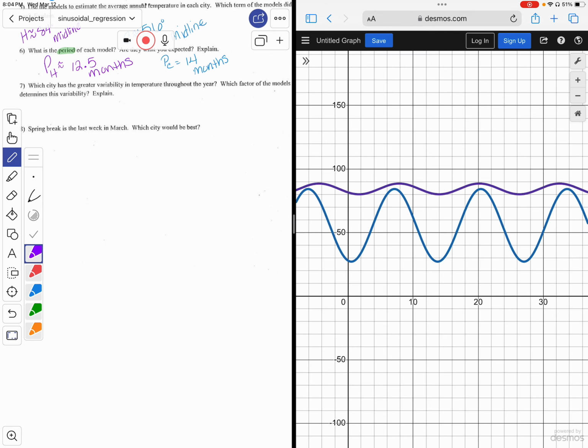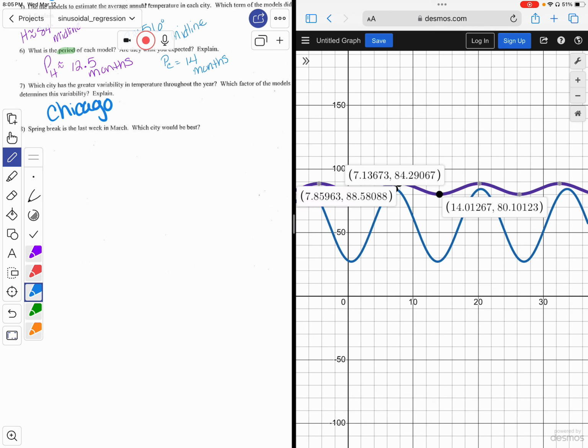It asks which one has more variability, which one changes more? Well, Honolulu is very low. The one where the temperatures vary a lot more is Chicago. They have very warm temperatures at 84 degrees, but they also have very cold temperatures, 27 degrees.